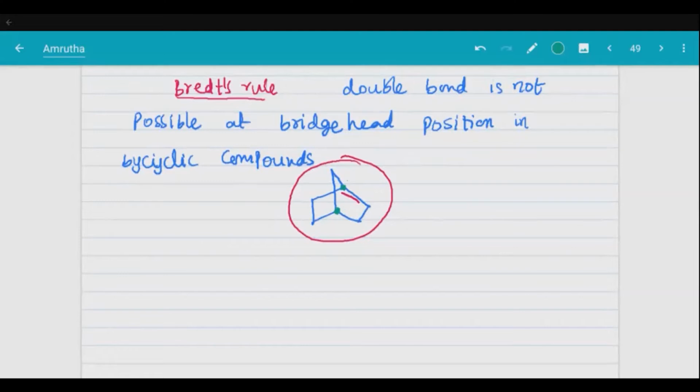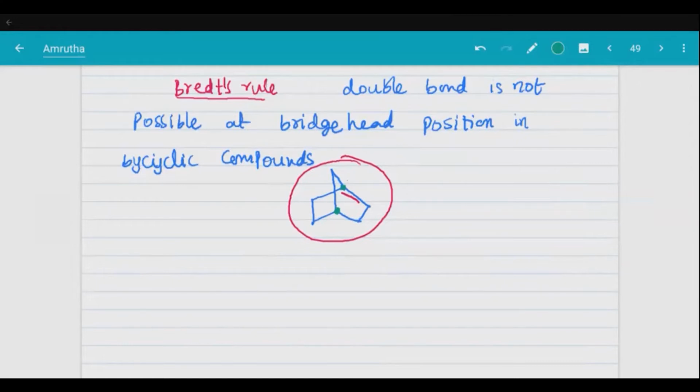The rule says you can't bring two bridgehead atoms into the same plane. So that means it is very simple.